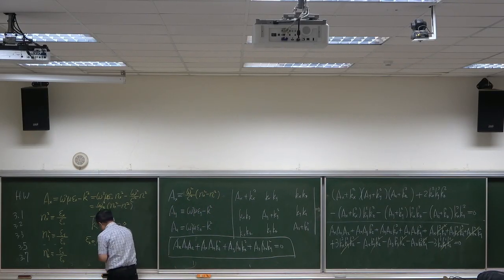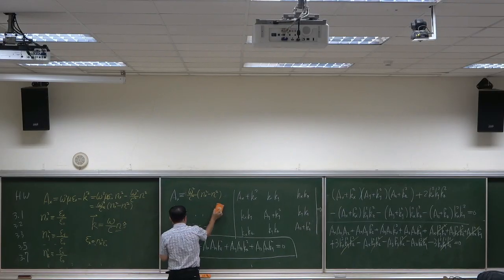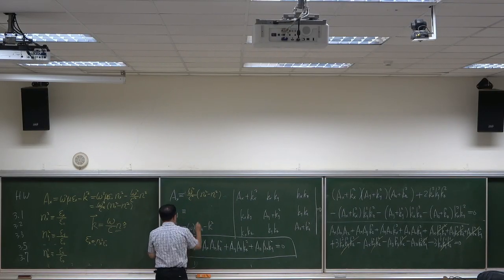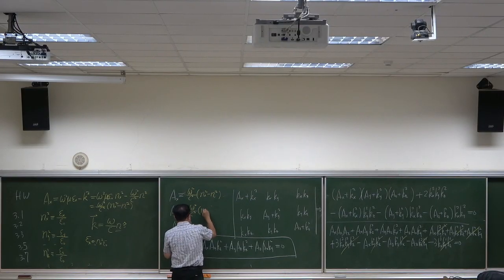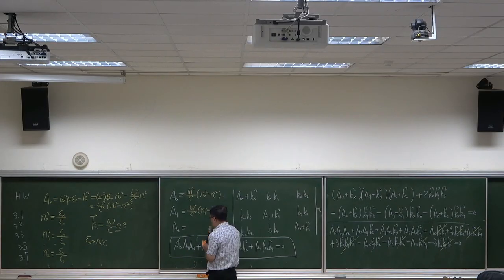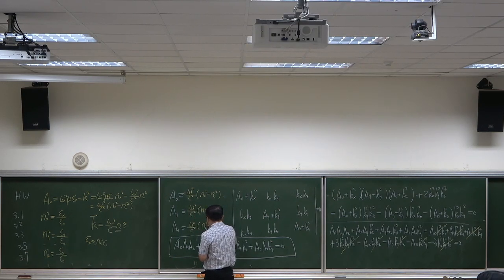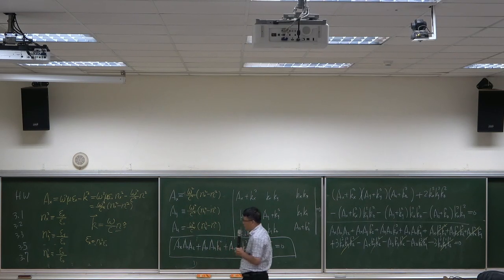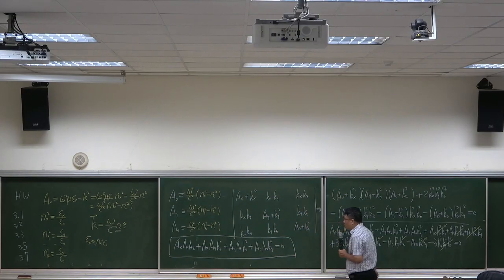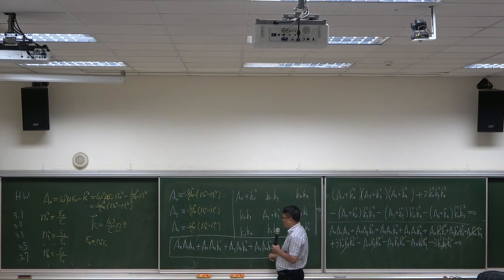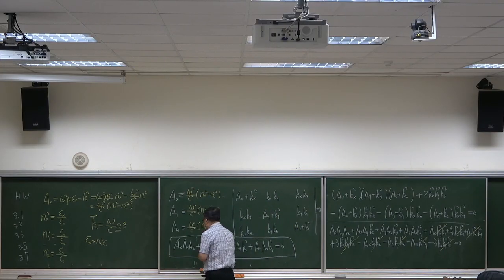And similarly, ay is omega squared over c squared times ny squared minus n squared. And finally, az is omega squared over c squared times nz squared minus n squared. So what is this? What does this equation mean?